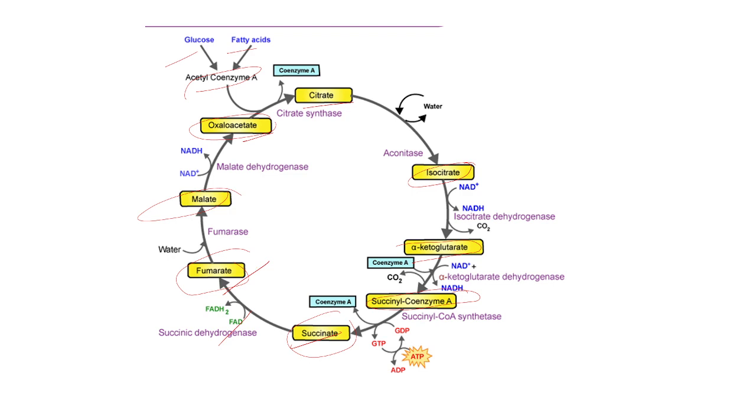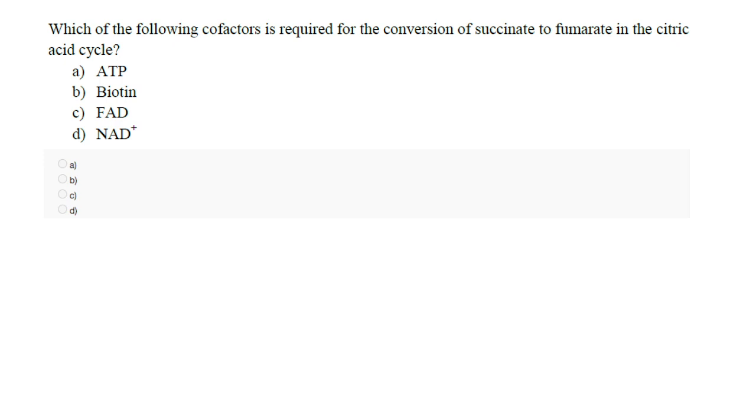Correct? Yes, sir. So next question we have: which of the following cofactors is required for the conversion of succinate to fumarate? Okay, this we have answered already, right? FAD is required.